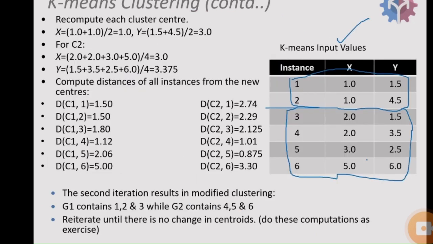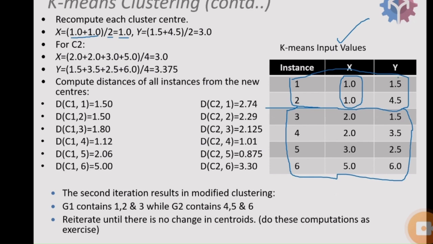So let me show you what that means. Cluster 1. What are the x values in cluster 1? Can you see it here? 1 and 1. Okay. So you take the average: 1 plus 1, 2 points, divided by 2. The new x value is 1.